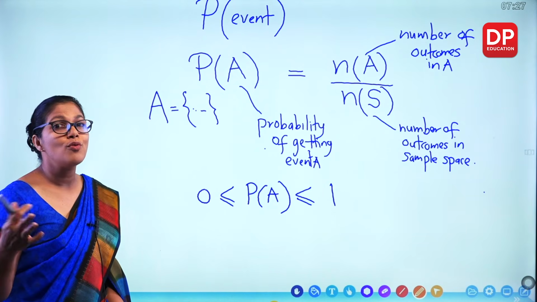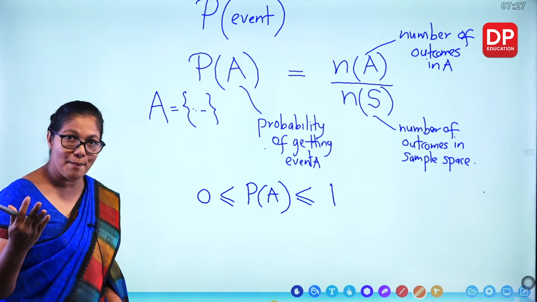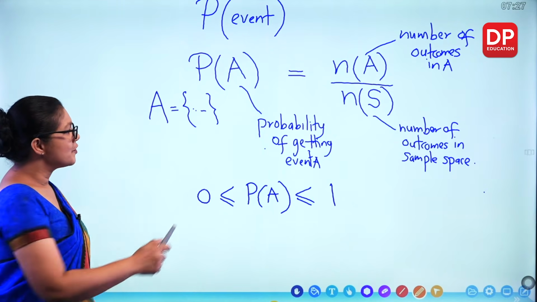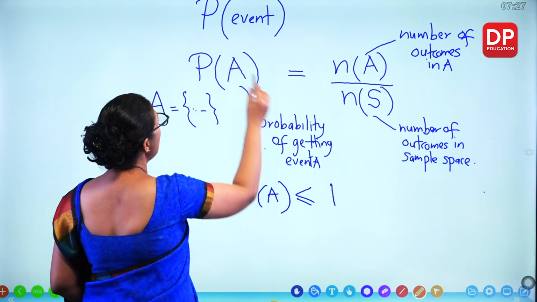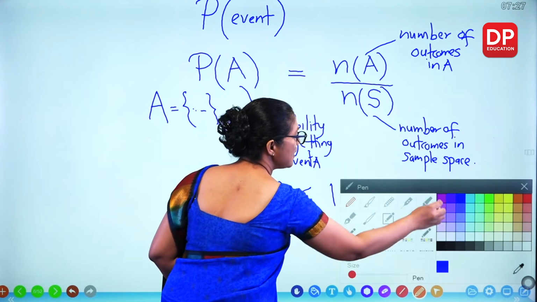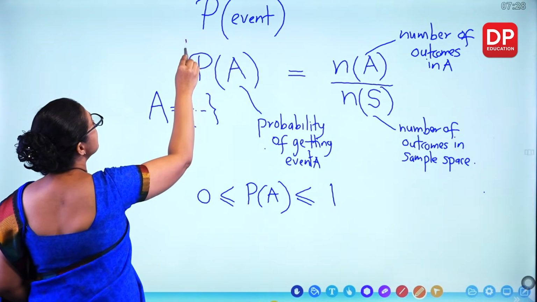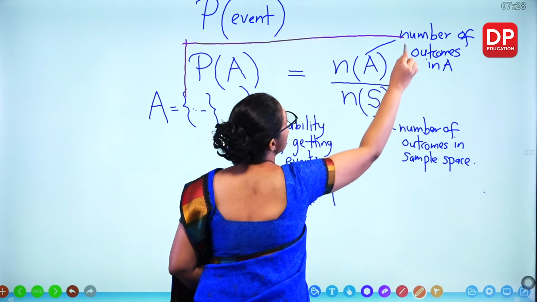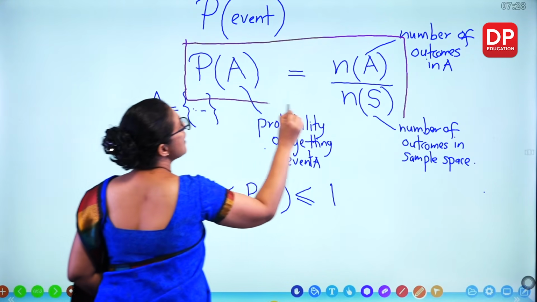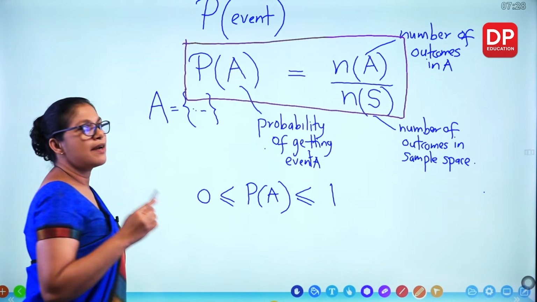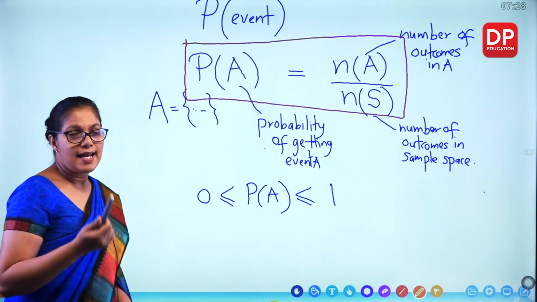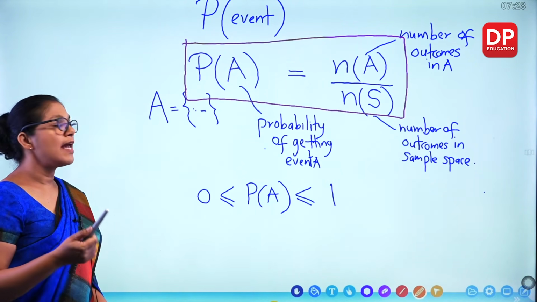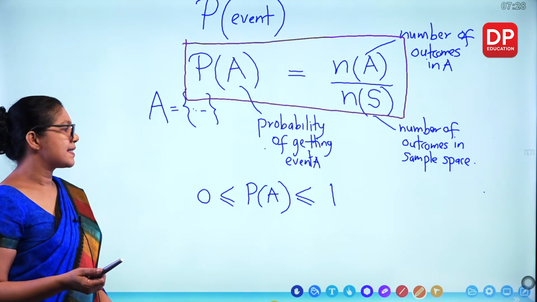If you get 2 or 3, something like a bigger number, that means there's a calculation error. So remember this formula. I'll highlight that in red. You have to remember how we calculate the probability: number of elements in any event divided by the total number, which means the number of elements in the sample space.